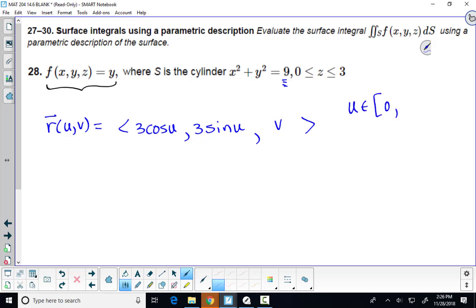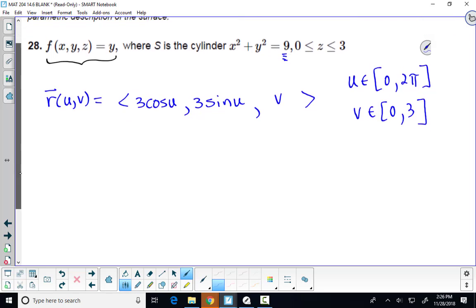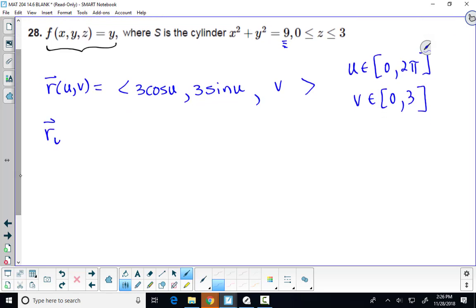So u is going to go 0 to 2 pi. And v is going to go from 0 to 3. Let's find our r sub u and our r sub v. So we take our derivative with respect to u. Take our derivative with respect to v.